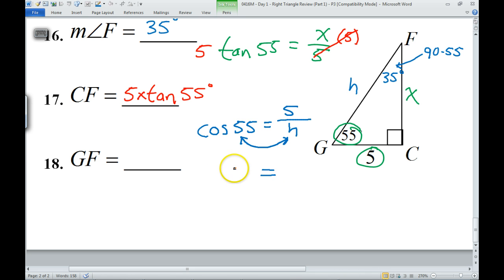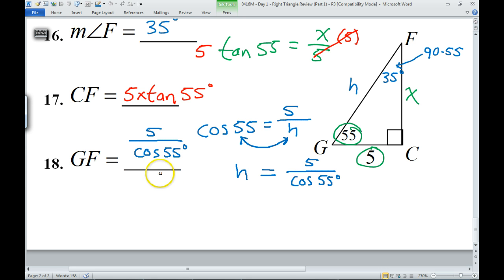I hope so, because then you understand that we will have hypotenuse over here, and on this side we will have 5 over cosine 55 degrees. Now, for this paper I want all expressions, so we're going to leave this as 5 over cosine of 55 degrees. Of course, if I wanted a decimal, I could put all this into my calculator and I could get a decimal. Okay, that is it for part 1 of our review.